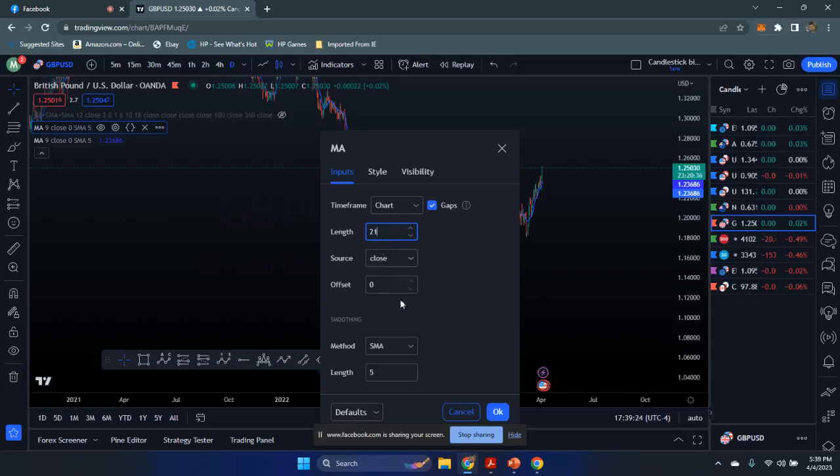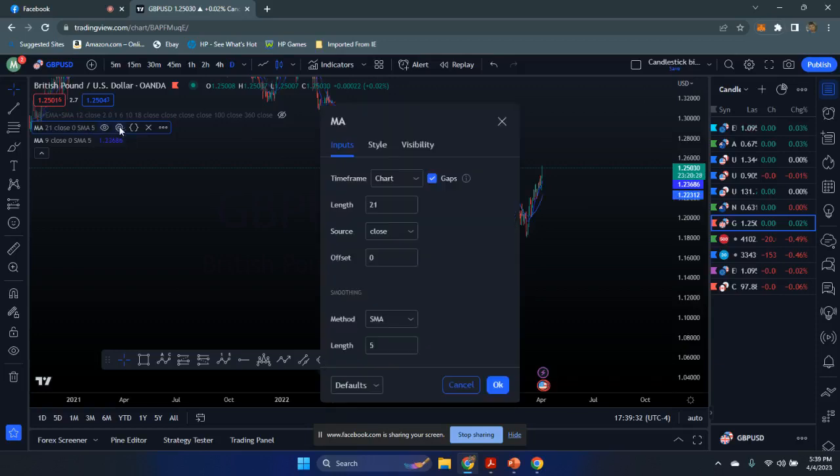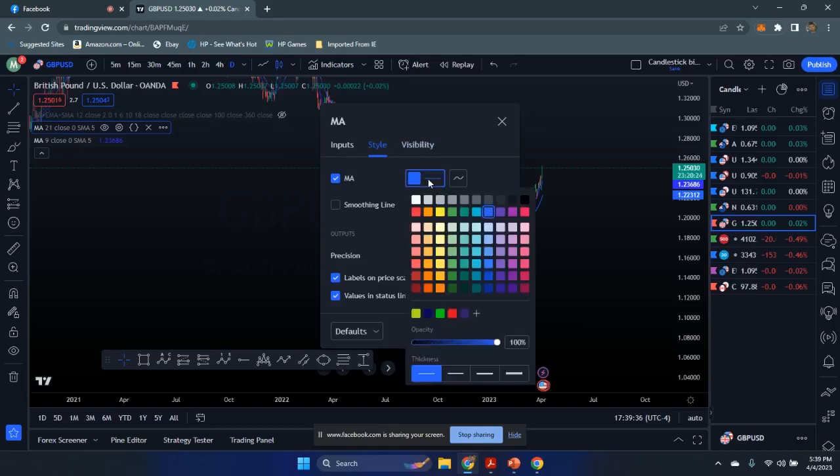You want to make sure you use it in the length here. I don't want to confuse you guys, so let's make the 21 moving average maybe purple.